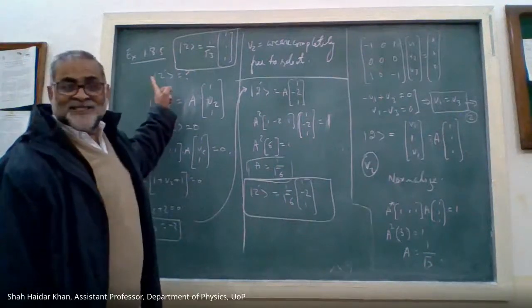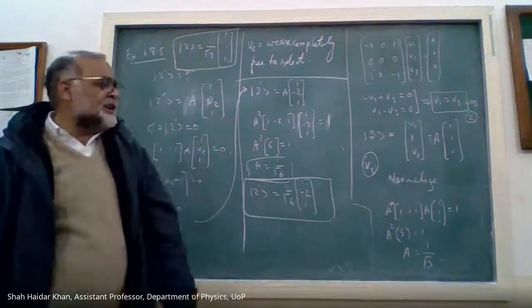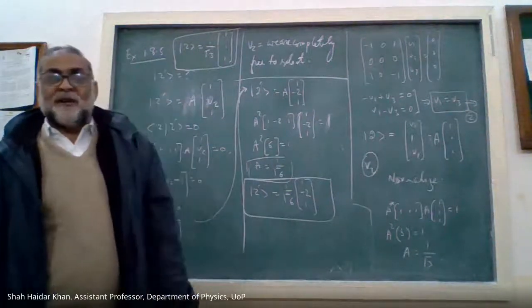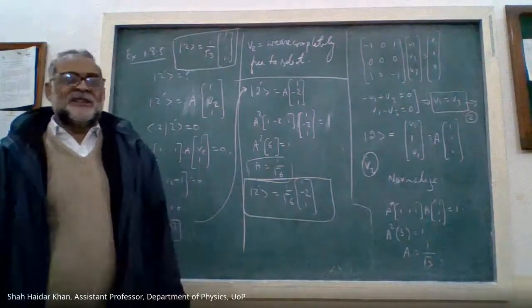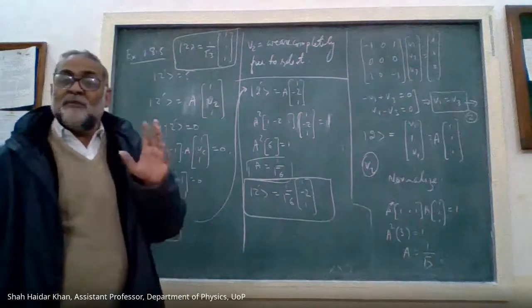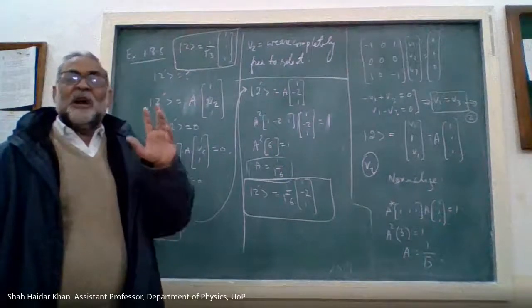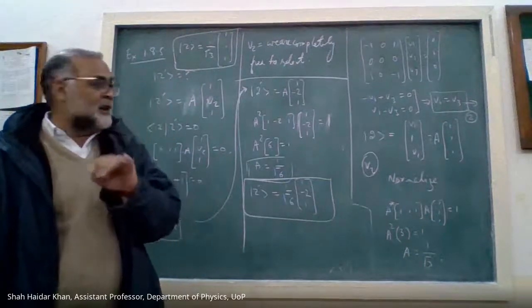This is called degeneracy, right? So in degeneracy, we are free. We have an infinite number of bases. It will not change the result. We are free to select anyone from those infinite bases.